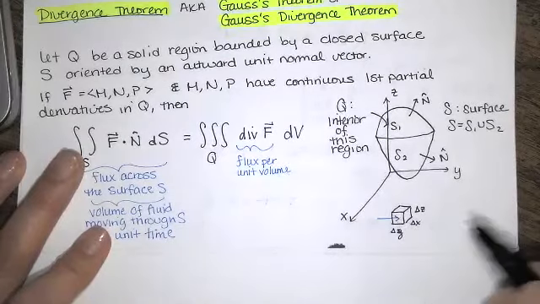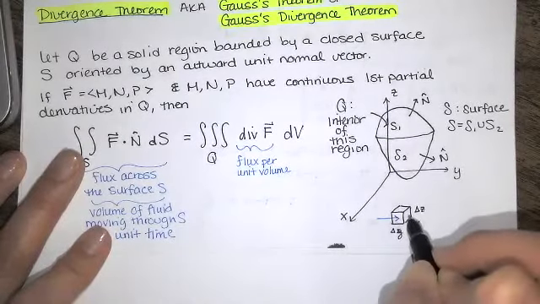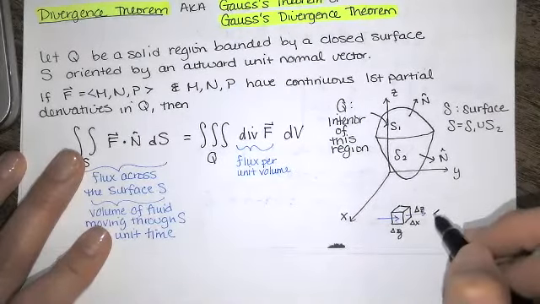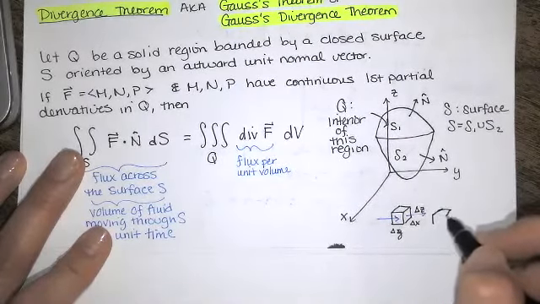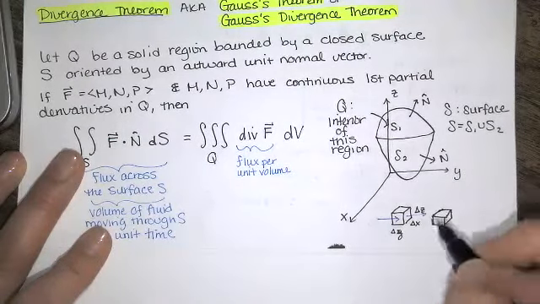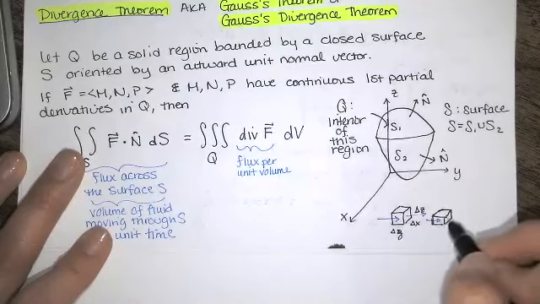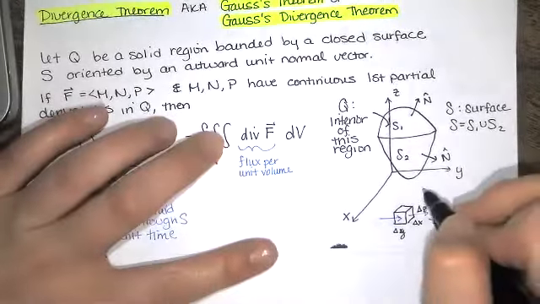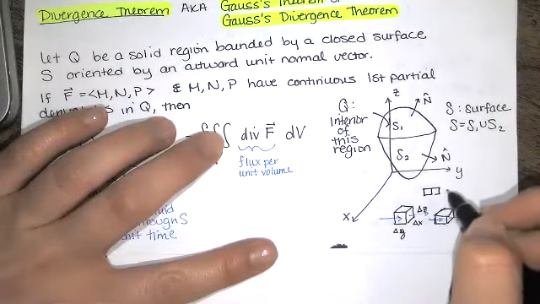And what goes into this cube probably goes out of that cube as well. But if it goes out of that cube, then it goes into the adjacent cube. And whatever goes into that one comes out of that one, and so on. We get a bunch of little cubes lined up like this.